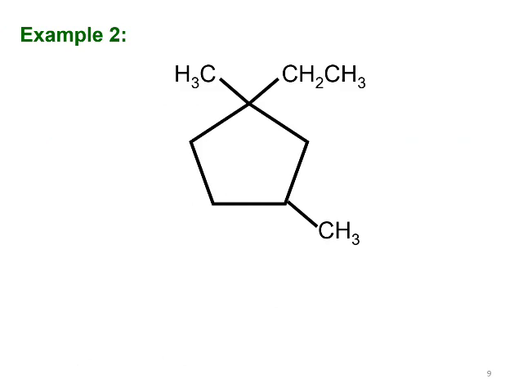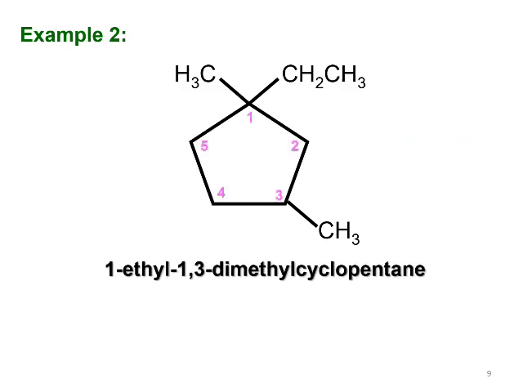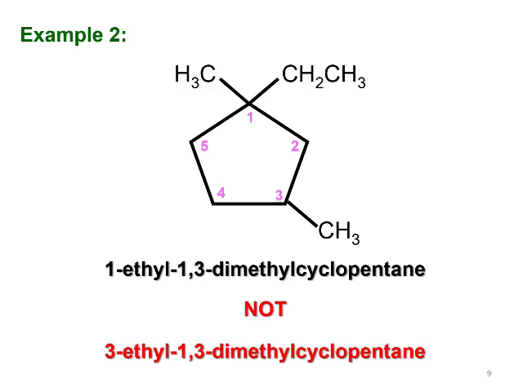Example number 2. The name is 1-ethyl-1,3-dimethylcyclopentane, not 3-ethyl-1,3-dimethylcyclopentane, because we choose the lowest set of locants.